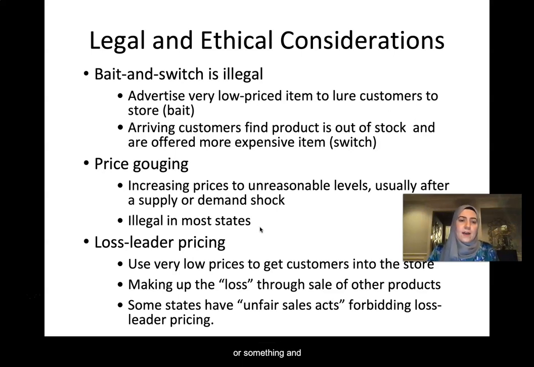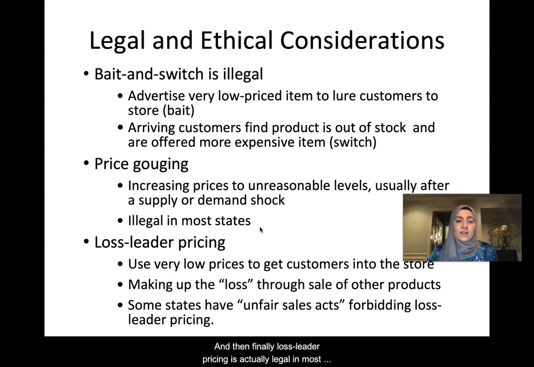There's no set definition for what that unreasonable price is. If you talk to whoever is responsible for implementing these rules, they will just tell you, you know it when you see it. If you see a pocket-sized hand sanitizer selling for $45, you know that that's price gouging, and that's illegal in most states, but not all states. It comes with a lot of fines and things of that nature.